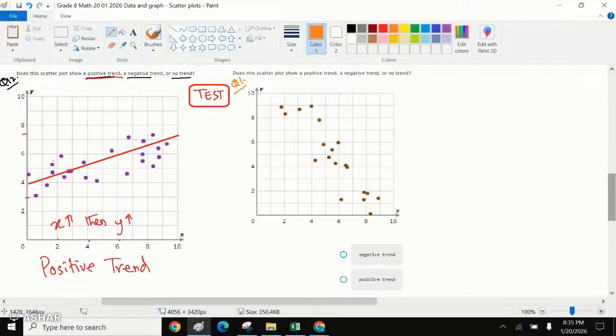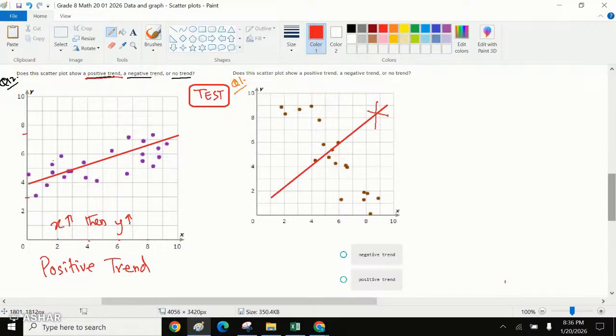And through that, we can simply find the answer. If I would say this is going up, that's a positive trend, right? But it's not justifying it. Why? Because the points are very far away.